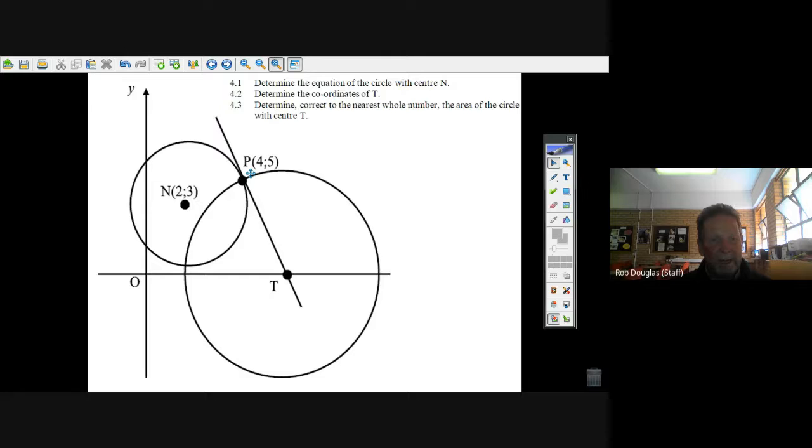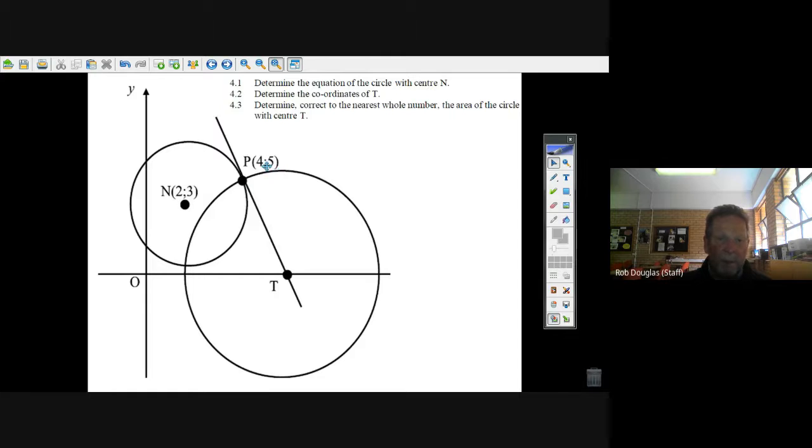We need the gradient. If we could figure out the radius gradient, then what's the story with perpendicular gradients? The product of these gradients must be minus 1. So I turn it upside down and change the sign, and I'll get this gradient.